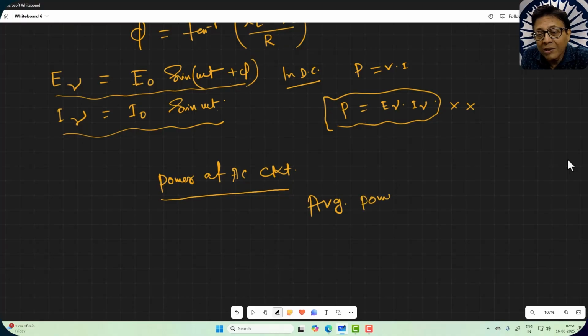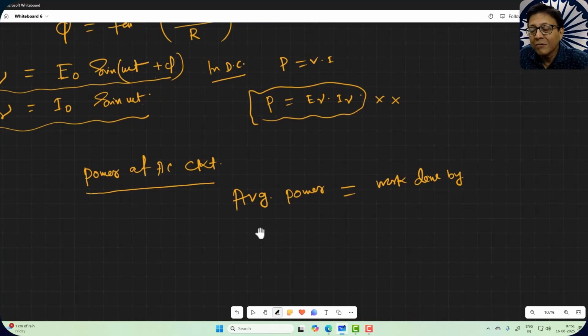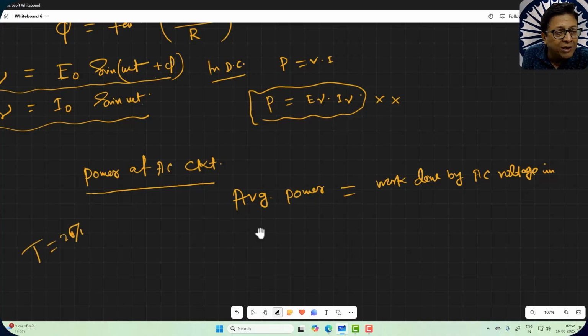So we define average power in this manner: average power equal to the work done by the AC voltage in a complete time interval. Time interval, you know, T equal to 2 pi by omega.